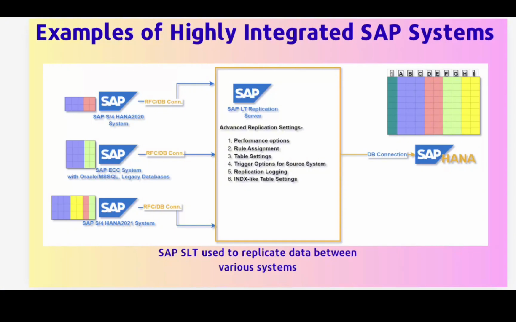So another example of a highly integrated SAP system is SAP SLT. SLT is used to replicate data between multiple SAP systems or between SAP and non-SAP systems. SAP SLT stands for SAP Landscape Transformation Server. It is a component of SAP Business Technology Platform which allows users to replicate data from SAP and third-party systems to SAP HANA in real time.